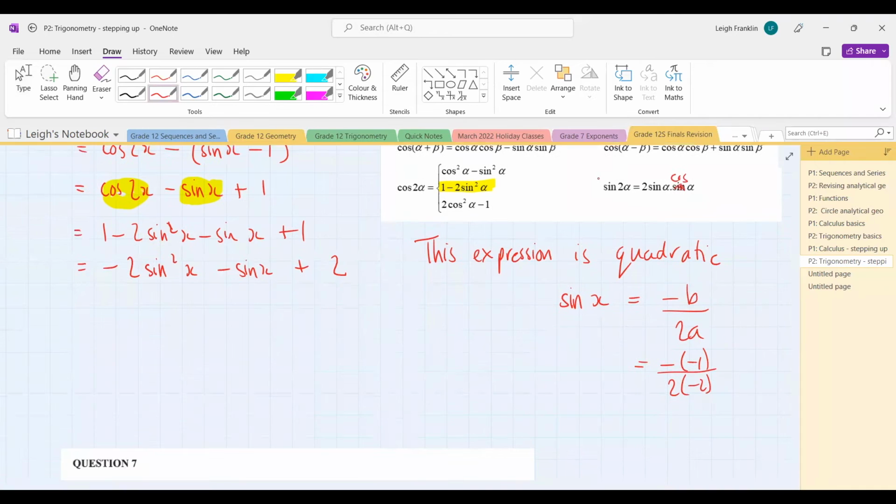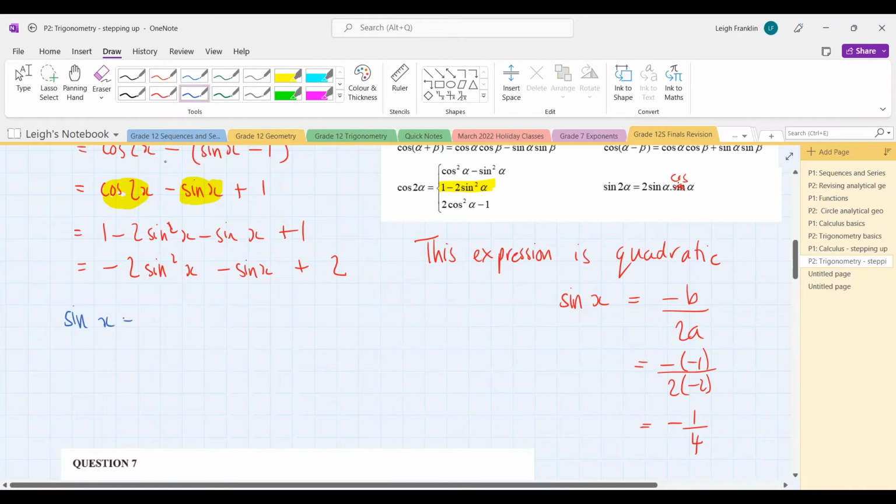A negative times a negative divided by a negative would give us a negative answer, so it would give us negative 1 over 4. So in other words, sine x is equal to negative 1 over 4. That's a ratio, isn't it? I'm just going to write it over here as well: sine x equals negative 1 over 4.